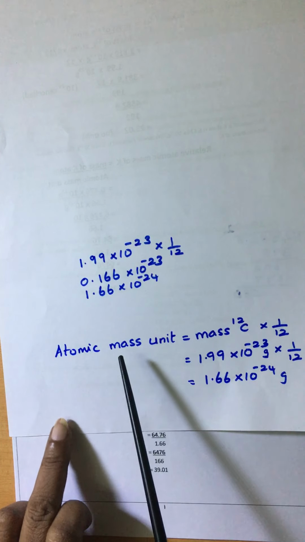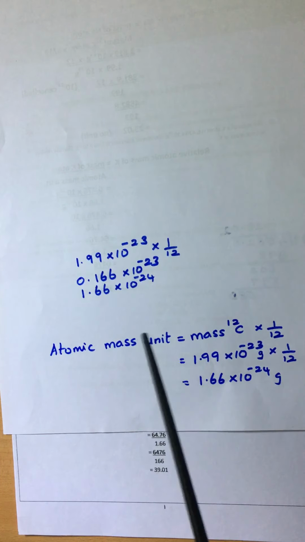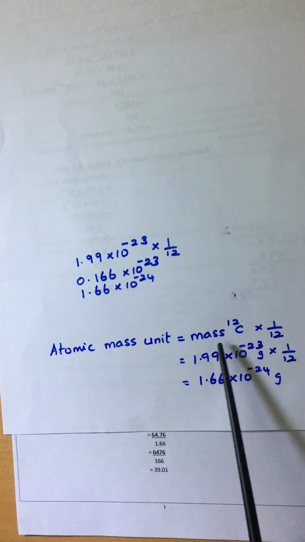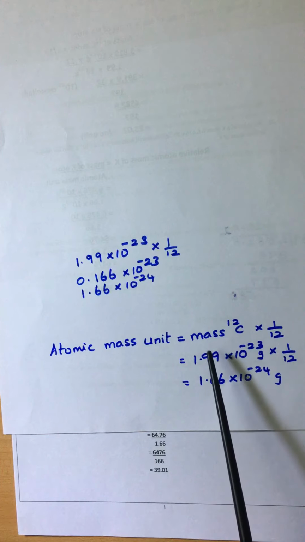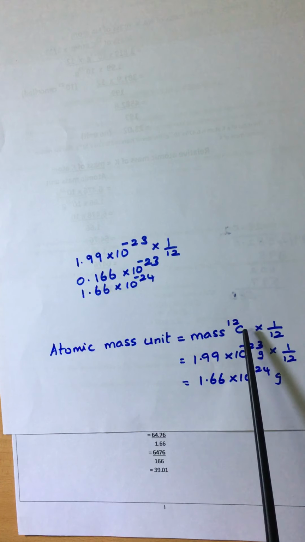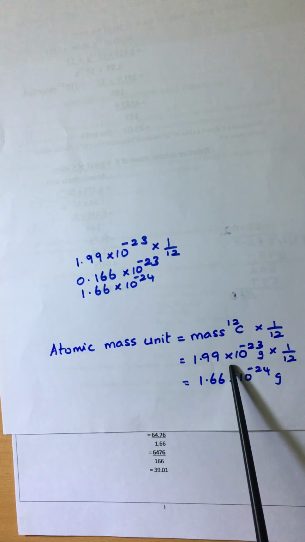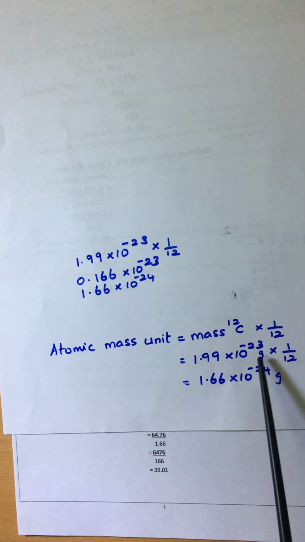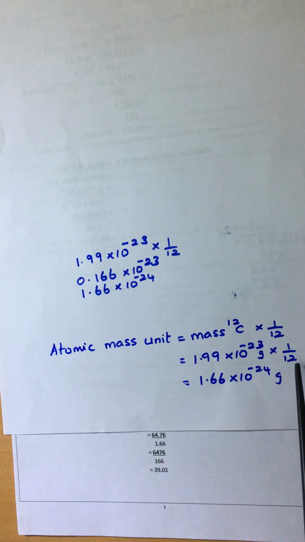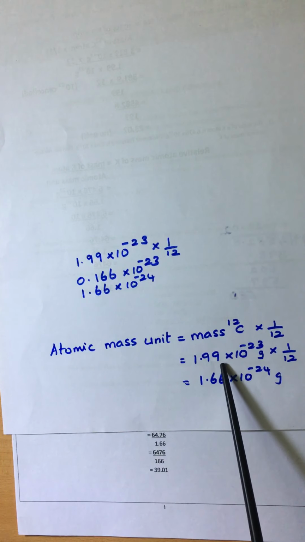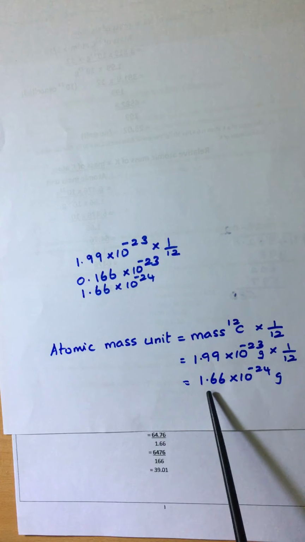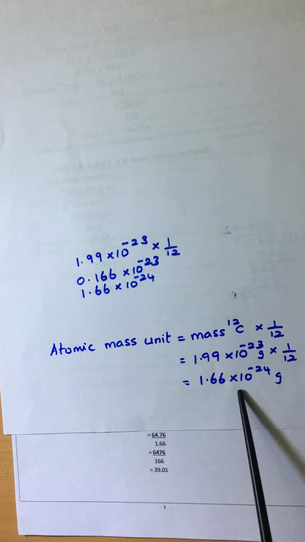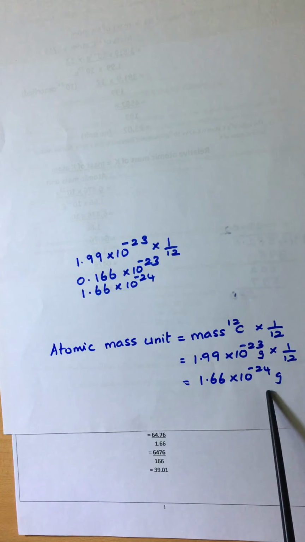The atomic mass unit equals the mass of the carbon-12 atom multiplied by 1/12. Here the mass of a carbon-12 atom is 1.99 × 10^-23 grams, multiplied by 1/12. When you divide 1.99 × 10^-23 gram by 12, you will get 1.66 × 10^-24 gram.